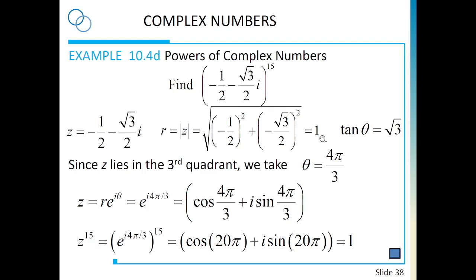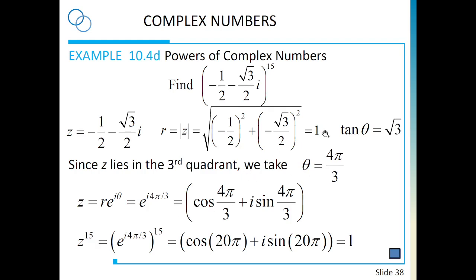We add them, we get the modulus, fine. And then we need to compute the angle. Tan of the angle is b divided by a, so it is radical 3, and we pick the angle in the third quadrant.